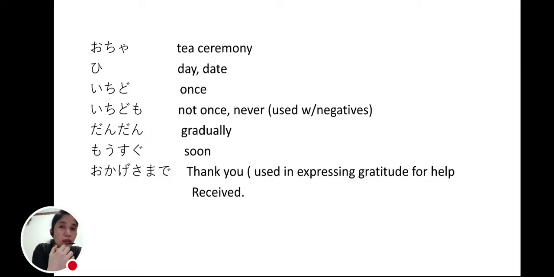Next is hi. Day or date. Next, we have ichido, once. Below, we have ichidomo. If you notice the mo, ichidomo is the negative. So, not once, or never.